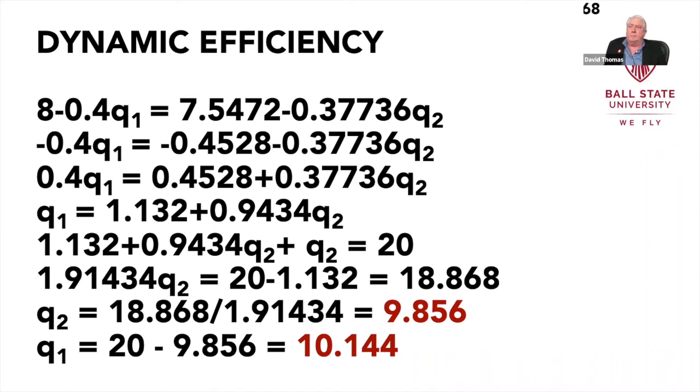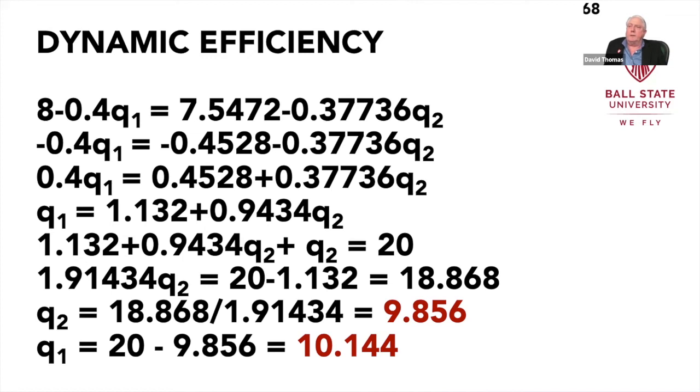Now, remember that Q1 plus Q2 equals 20. Well, there's Q1, and we know Q2 is right here. So we can simply plug this equation in for Q1, and we get 1.132 plus 0.9434 Q2 plus Q2 equals 20. Now, there's 2 things that we can do with this.